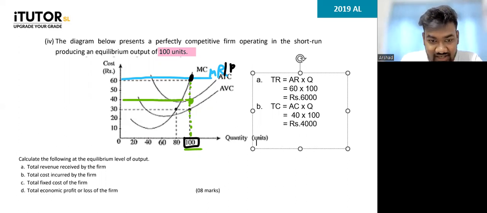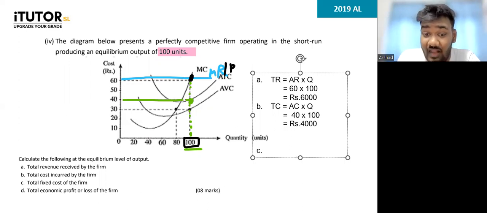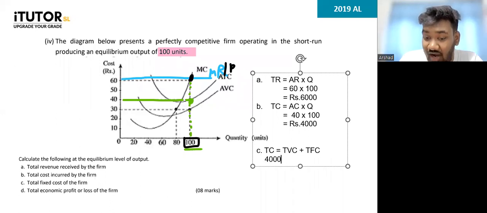Right. Part C, total fixed cost. How can you get total fixed cost? Total cost equals total variable cost plus total fixed cost, right? So total cost is 4,000. How much is our total variable cost? Or you can get average fixed cost also, no problem at all.